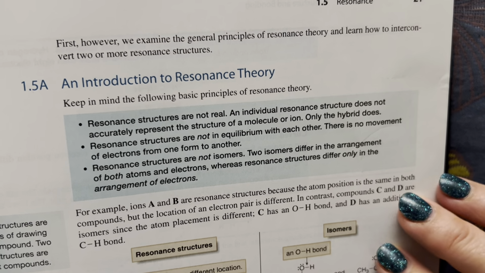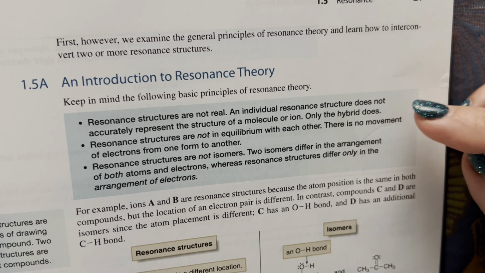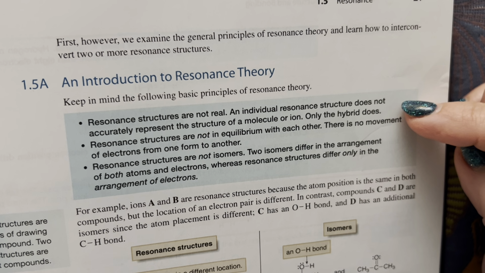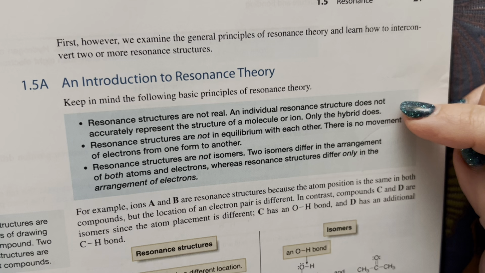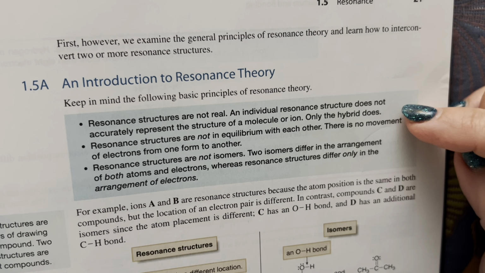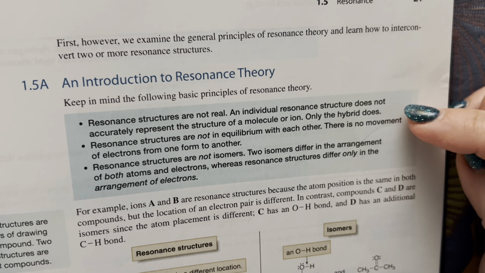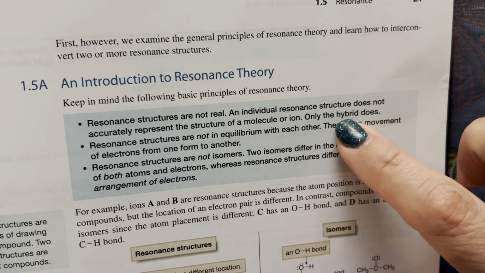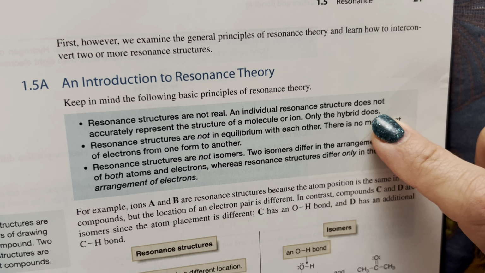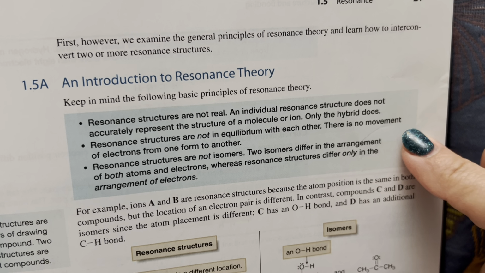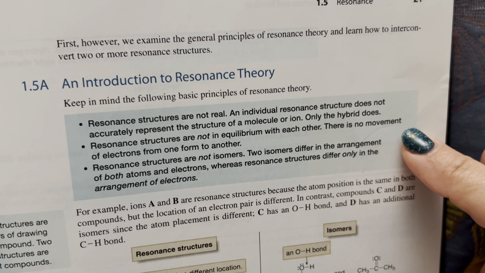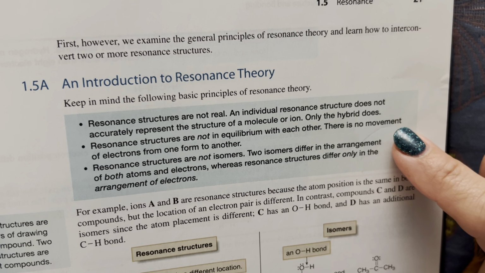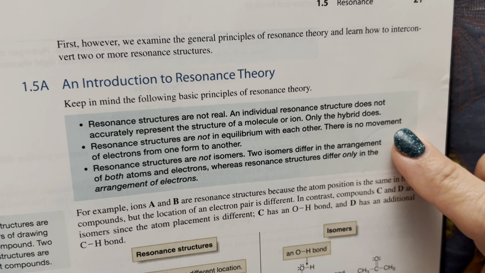Okay. Resonance structures are not real. An individual resonance structure does not accurately represent the structure of a molecule or an ion. Only the hybrid does. Resonance structures are not in equilibrium with each other. There is no movement of electrons from one form to another.